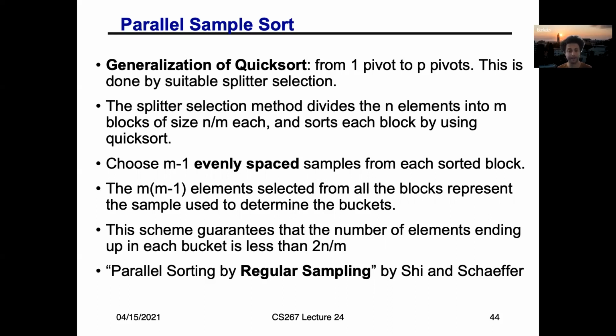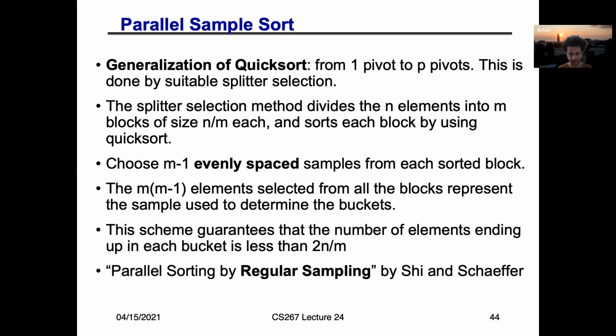So let's think about M as an abstraction, just like we started with bucket sort with M. The splitter selection will divide the list of N elements into M blocks, each one of them N over M, and we'll sort each block using some sort of quicksort. Now, the algorithm we're going to talk about is called parallel sorting by regular sampling. And the keyword here is regular.